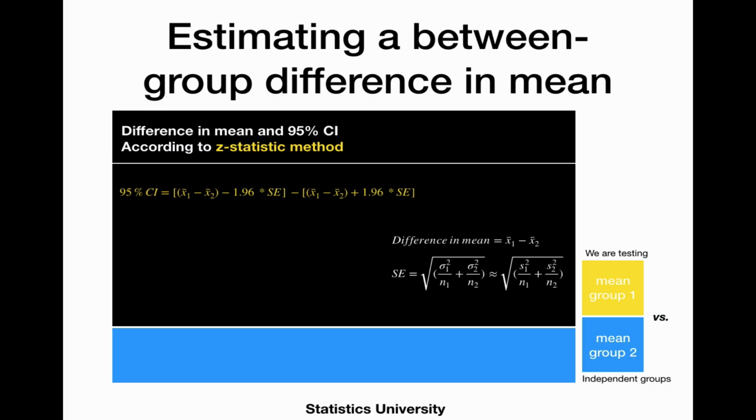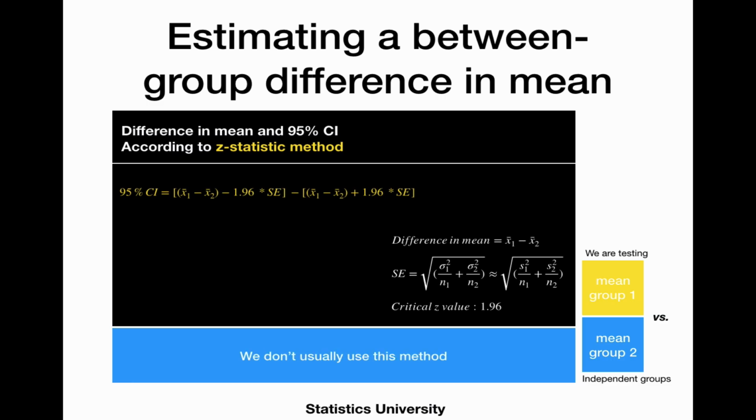And if we use that standard error term in the formula for the 95% confidence interval, along with a critical value of 1.96, we can construct that confidence interval by just looking at the difference in mean minus 1.96 times the standard error, and then the difference in mean plus 1.96 times the standard error. Of course, because we're using a z-statistic method, the critical z value is 1.96.